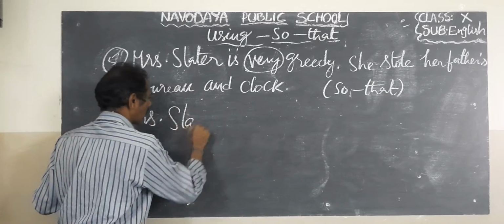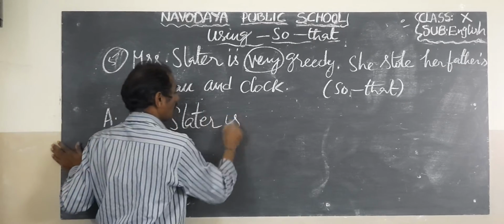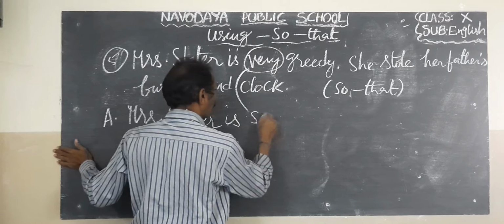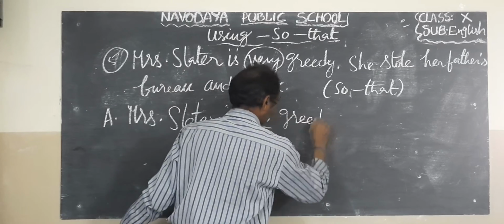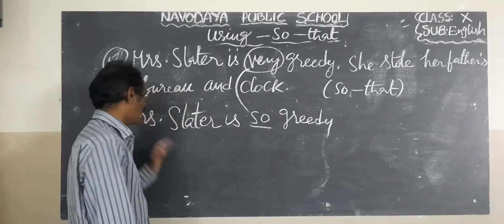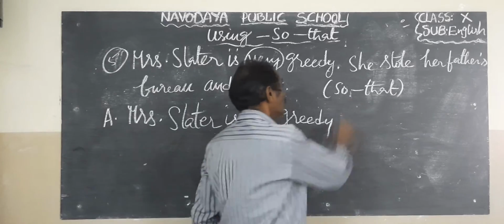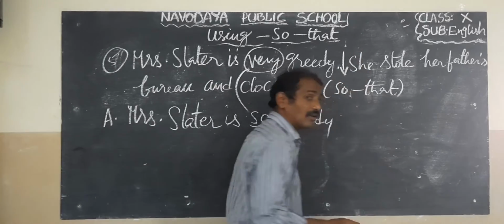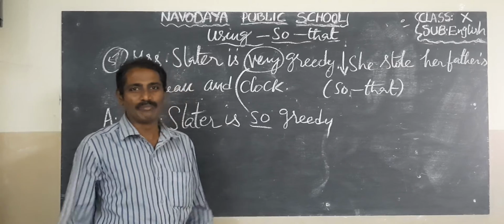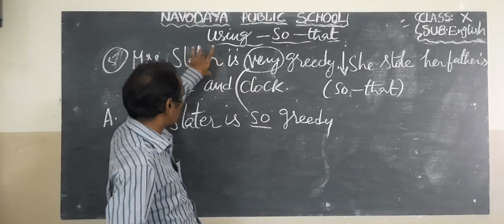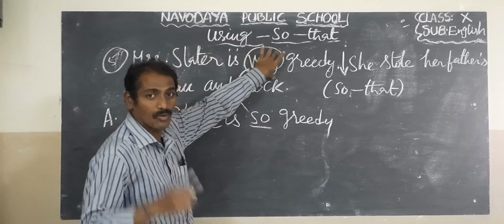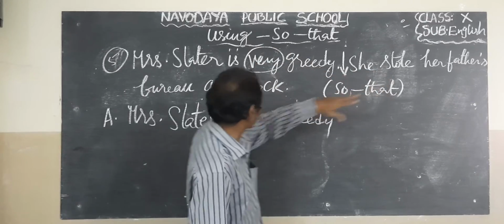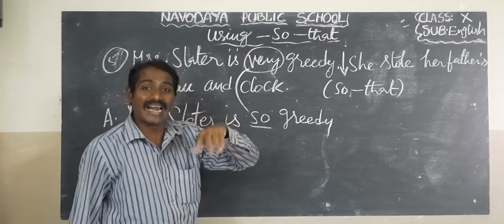Mrs. Slater is very, you should write "so" greedy. Mrs. Slater is so greedy. So here we should use a conjunction between two sentences. This is one sentence: Mrs. Slater is very greedy. And she stole her father's bureau and clock is another sentence.